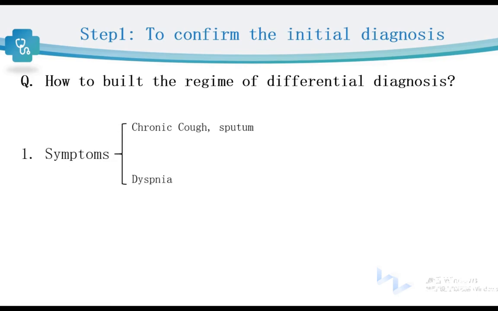1 is according to the symptoms. For example, if a patient got chronic cough sputum for a long time, we can suspect COPD because the main symptoms of COPD is cough, sputum, and dyspnea, right? But we must think about that. What else disease will fit these symptoms?